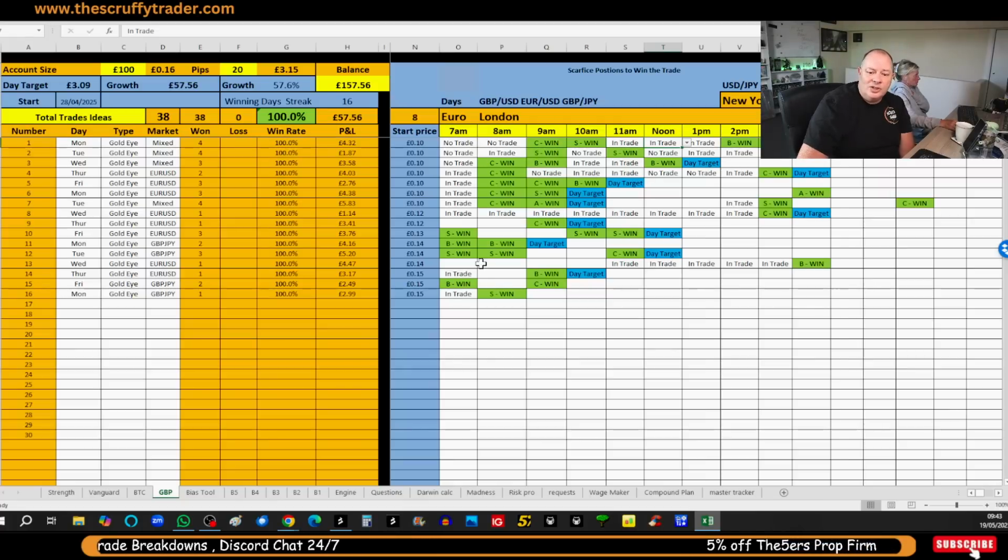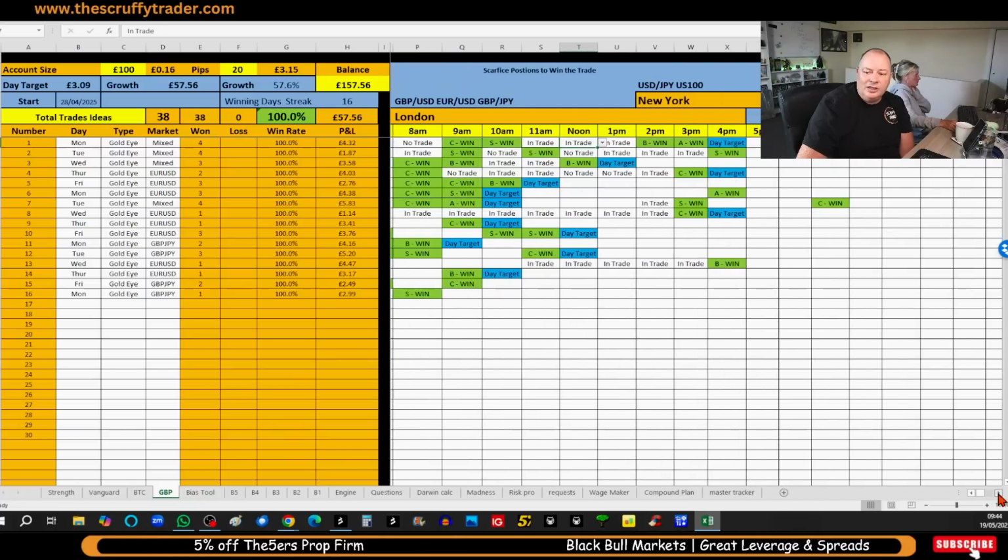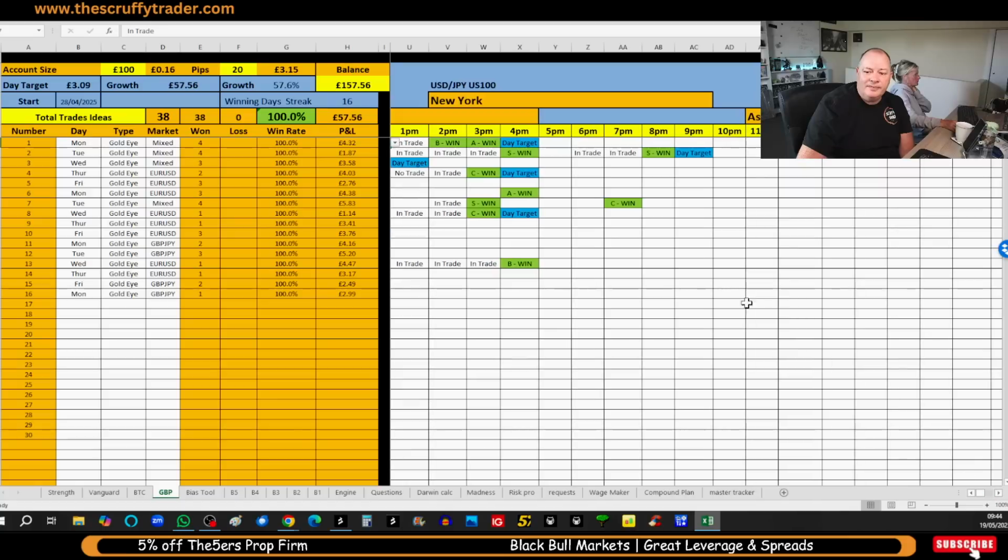What it'll also do is start highlighting exactly where all your winning trades are. Now mine seem to come in between 7 and 10 in the morning. You get a big bunch of winning trades in and around this time. Around this time it gets a little bit difficult, and I don't particularly trade too much during the night. But it would run through, and then these little blocks here tell you.